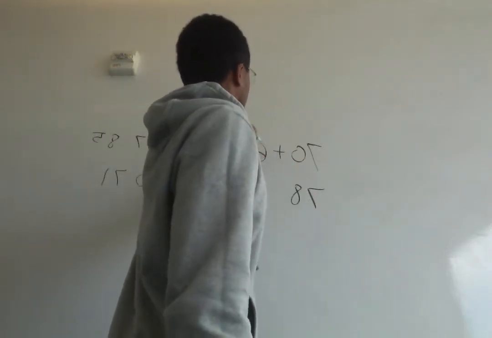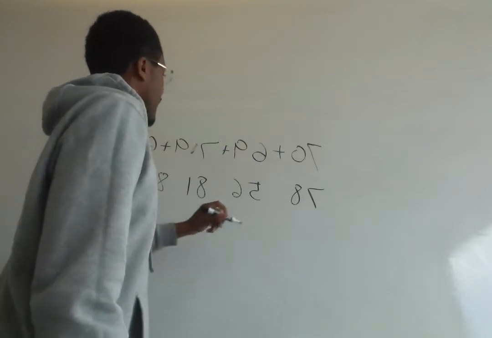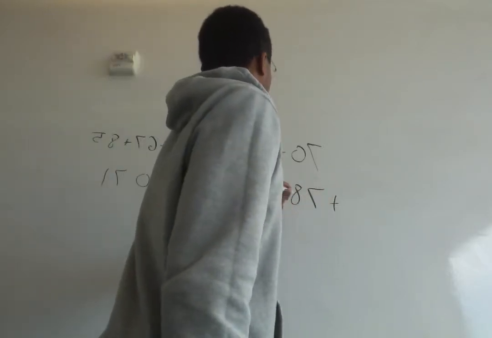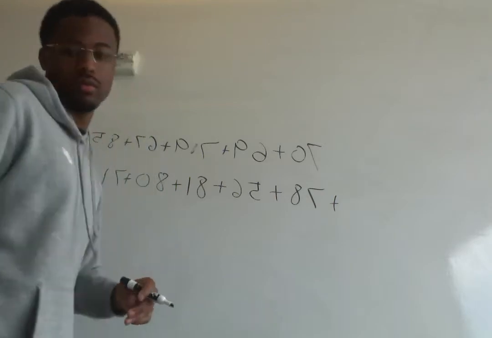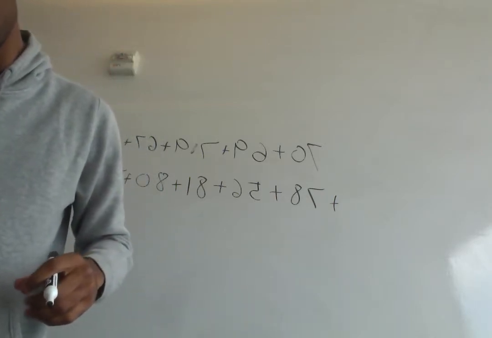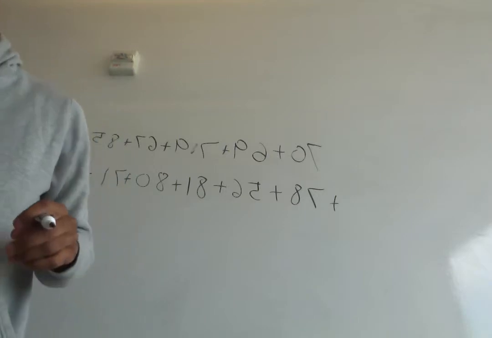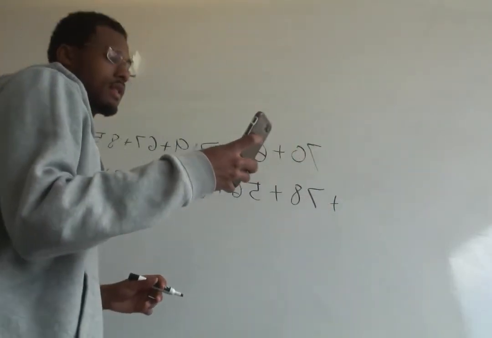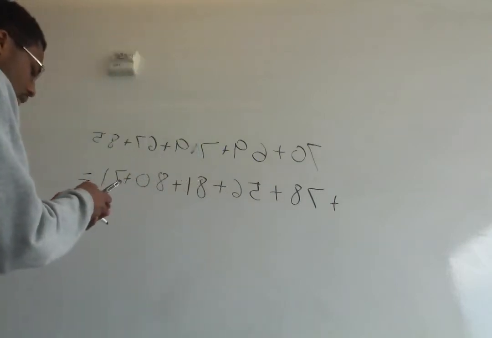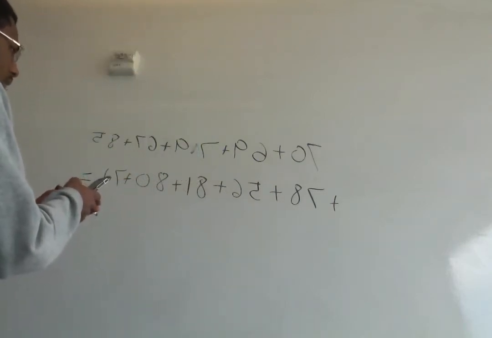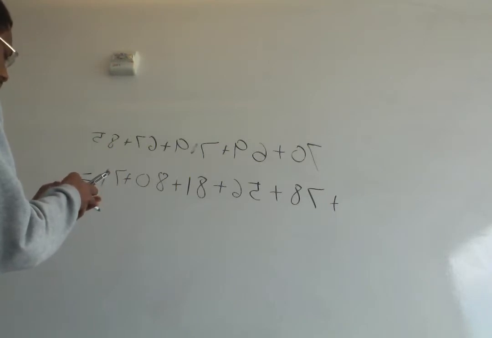So just add them, which would be equal to, let's do it right here, plus 79 plus 57 plus 85 plus 78 plus 56 plus 81 plus 80 plus 71.